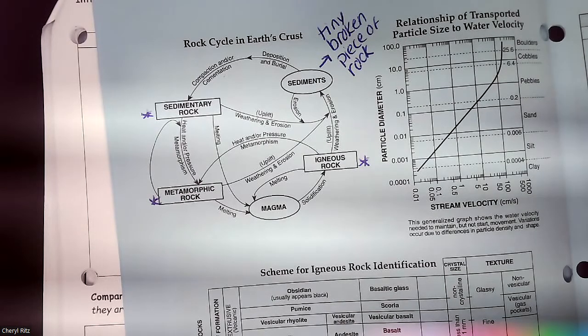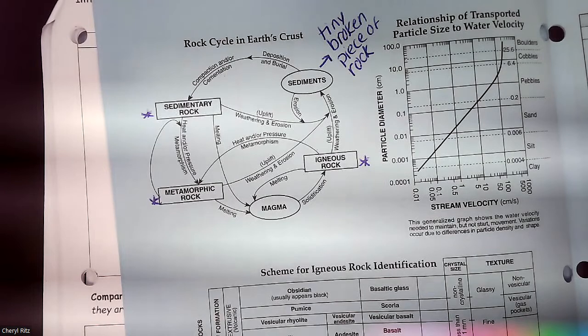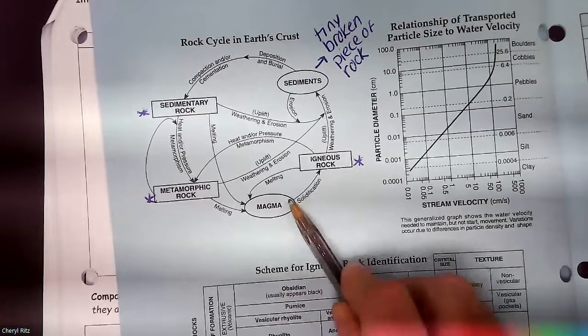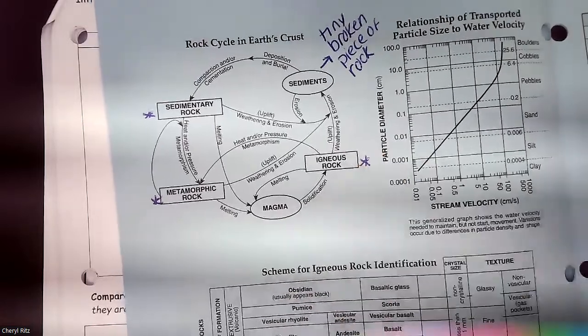Okay? So let's try this again. My question is, how do igneous rocks form? Now, Carter, how do igneous rocks form? Solidification. Right, that's when magma solidifies into an igneous rock.